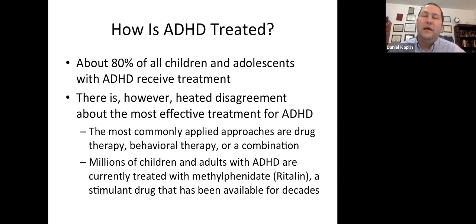I think that the medication is helpful. We really see that there has been a boom in the prescription of medication. We have millions of children and adults on ADHD medication, things like Ritalin or Adderall.